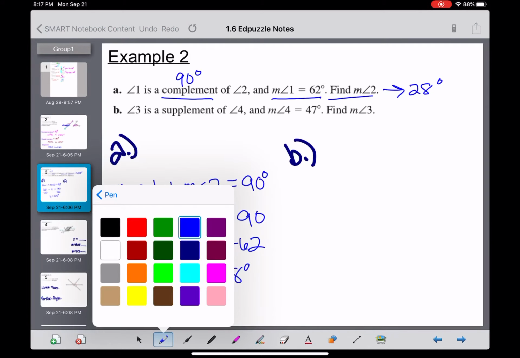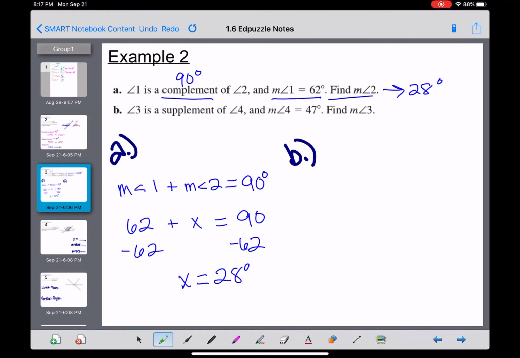Part B is very similar. However, this time they're talking about supplementary angles, which is 180 degrees. If we know the measure of angle 4 is 47 degrees, we want to find the measure of angle 3. So the measure of angle 3 plus the measure of angle 4 is equal to 180 degrees because it's supplementary.